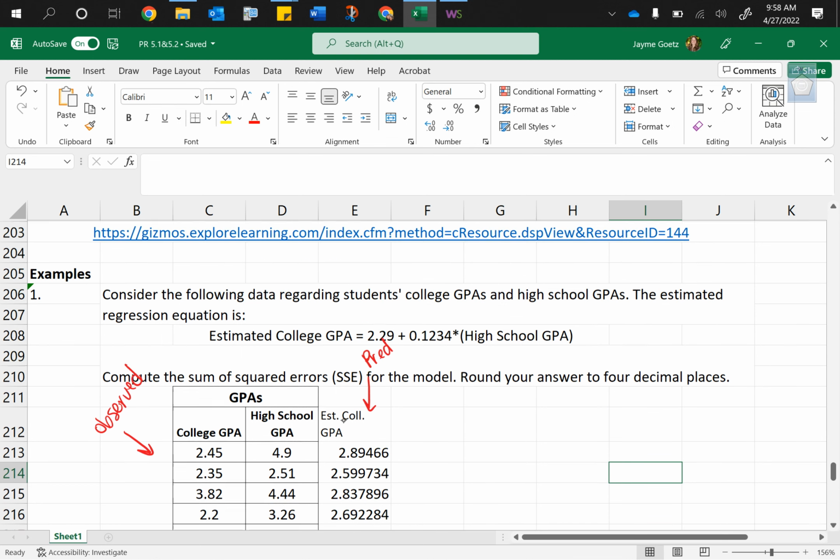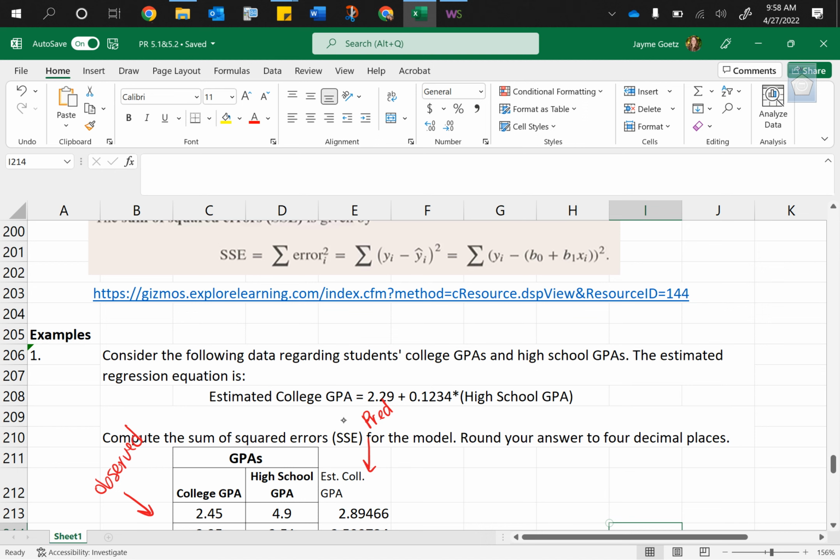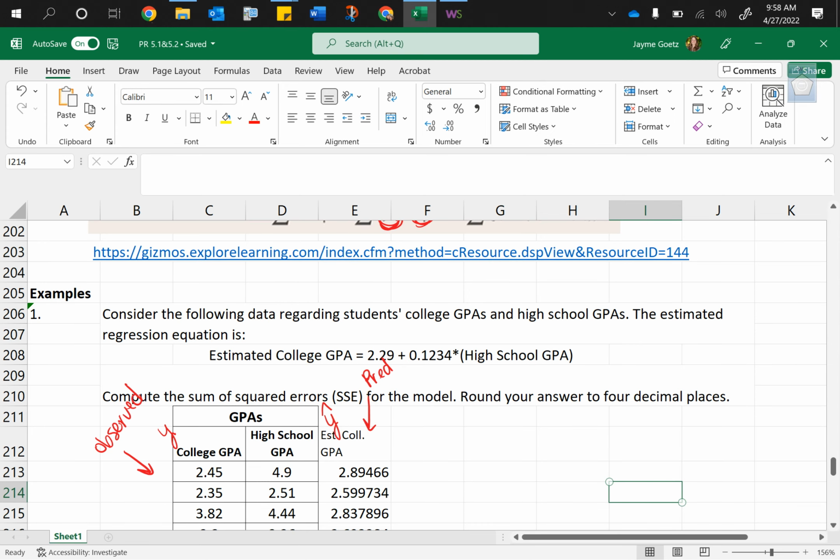Now, according to this model, we need to take the observed and subtract the predicted. This is my y values, and this is my y hat values. So we need to take the observed minus the predicted. So that's going to be my next one. Observed minus predicted.